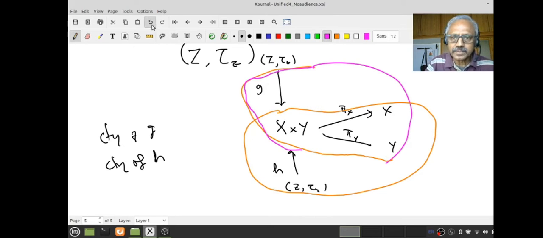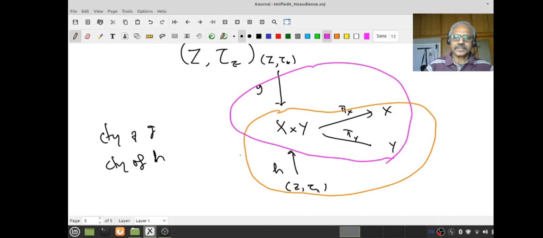Right, very good. So the pink color allows natural composition, that is Z to X cross Y and projected via pi_X to X. Therefore I have a map from Z to X, or Z to X cross Y and projected via pi_Y to Y. Therefore I have a map from Z to X cross Y to Y. So this is the natural composition allowed.